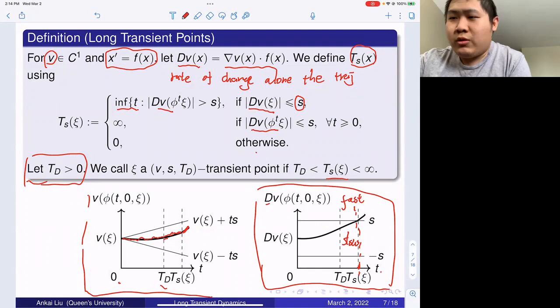So basically, it takes longer to enter the fast region. That captures the long period of time argument. And of course, we require it to be finite, because if this is not finite, then it's just stable, and that's not quite interesting for our concern.